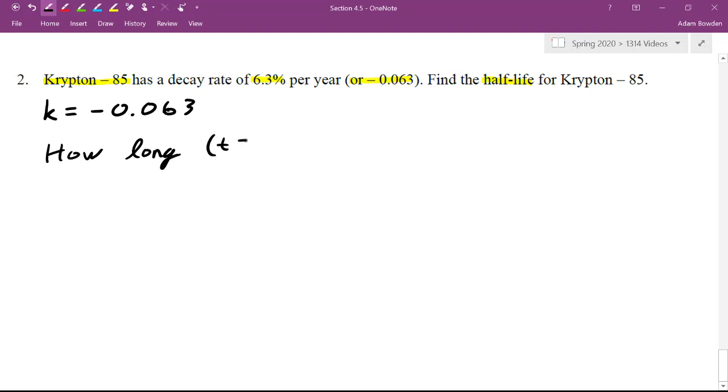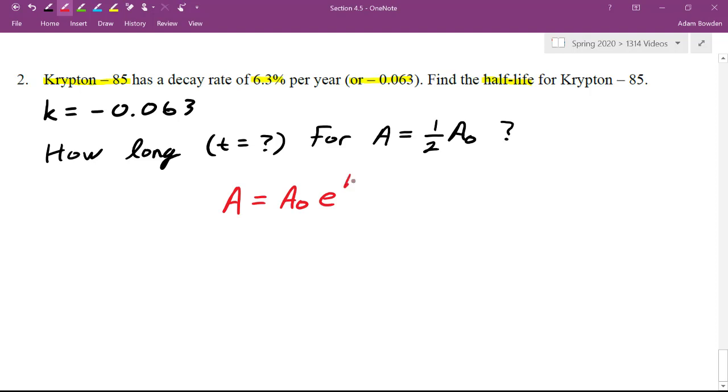In other words, t has to equal something for the original amount, A naught, to become 1/2 of the original amount. That's the question we try to answer here. So we're going to use our exponential growth or decay function, A equals A naught e to the kt power. We're going to substitute in 1/2 A naught for A to stand for the half-life we're dealing with.